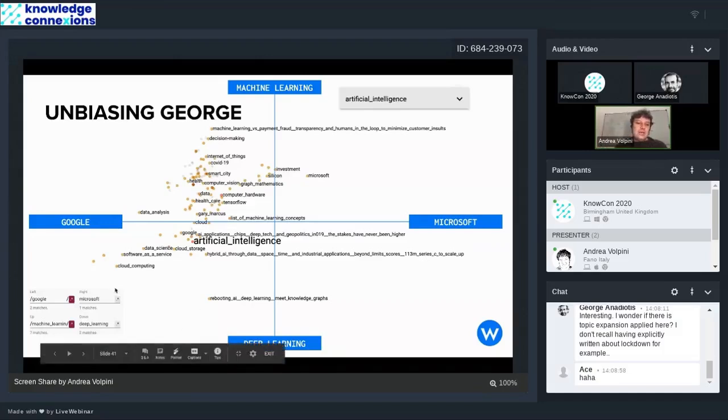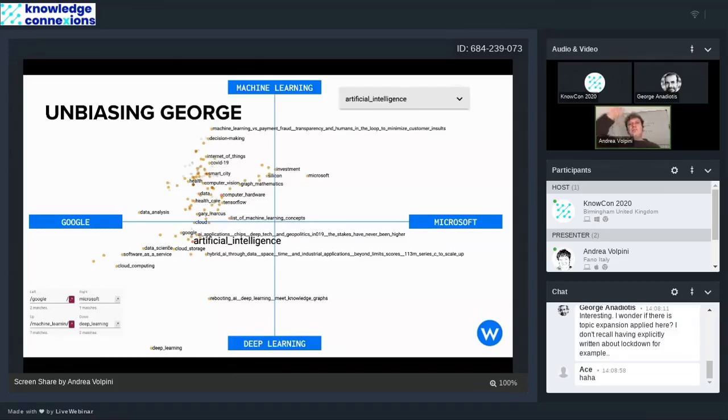And here, as you can see, I have placed on the right side everything related to Microsoft, and on the left side everything related to Google, and on the top everything related to machine learning, and on the bottom everything related to deep learning. And we can see clearly that George is a little bit biased towards Google rather than Microsoft. George, I don't know if you agree with this, but that's the way that we saw it from the embeddings.